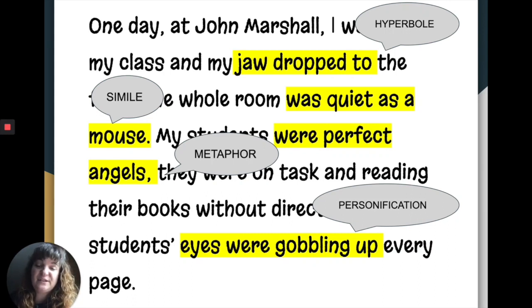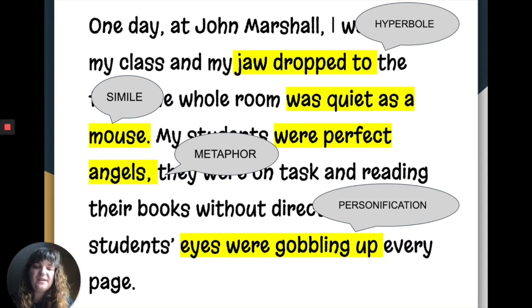The next figurative language phrase I used was that my students were perfect angels. So, clearly, no human can be perfect and therefore cannot also be an angel. So, my students are compared to angels because their behavior was so unexpectedly good. And lastly, my students' eyes were gobbling up every page.